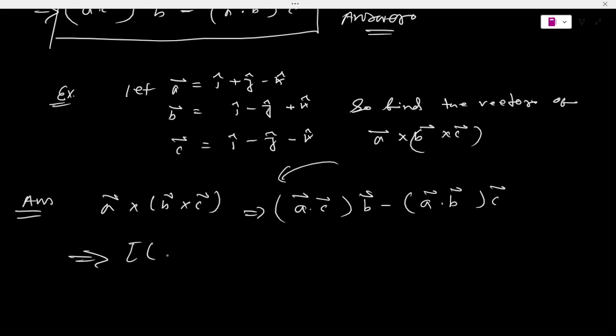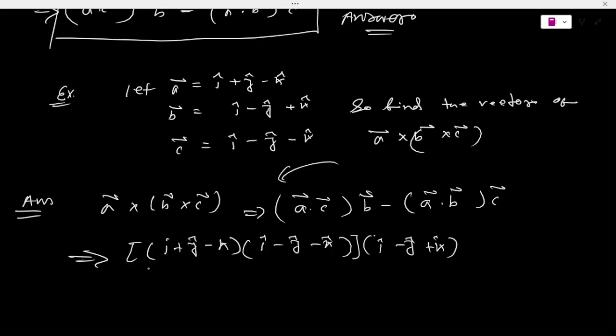So it will be i plus j minus k into c, meaning i minus j minus k vector, into b vector. B vector means i vector minus j plus k.